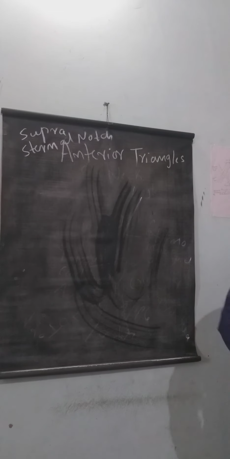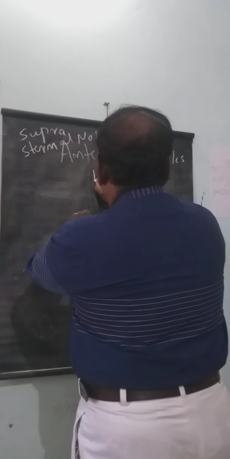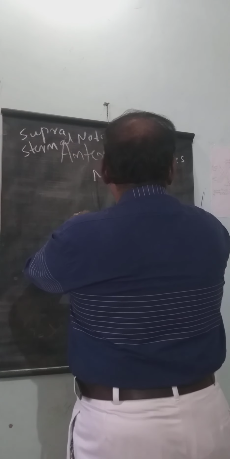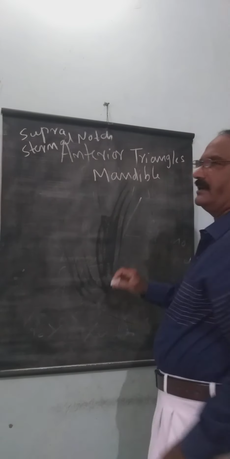Number one is the mandible. Anteriorly it is called the chin, posteriorly the angles.